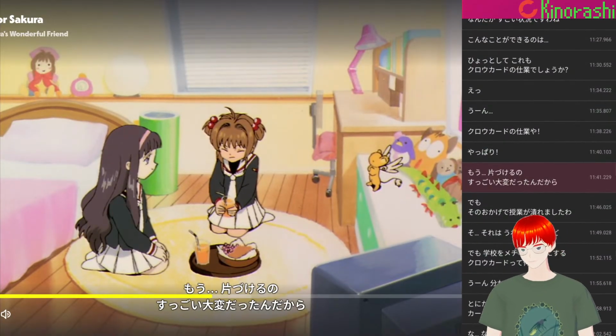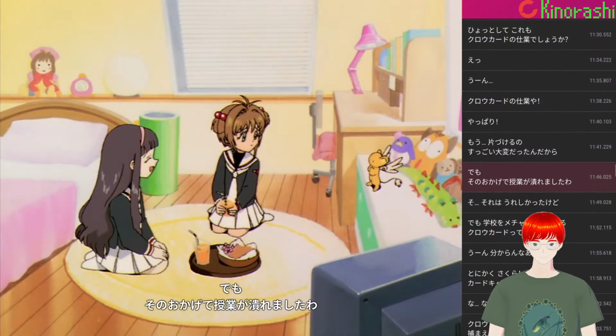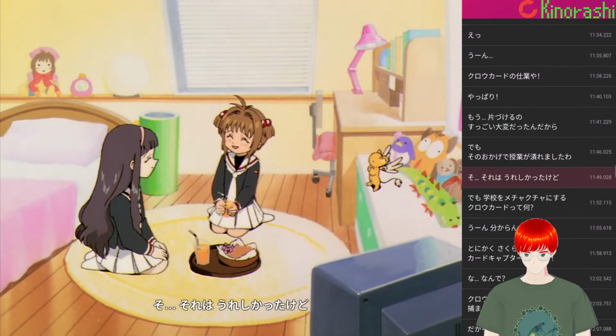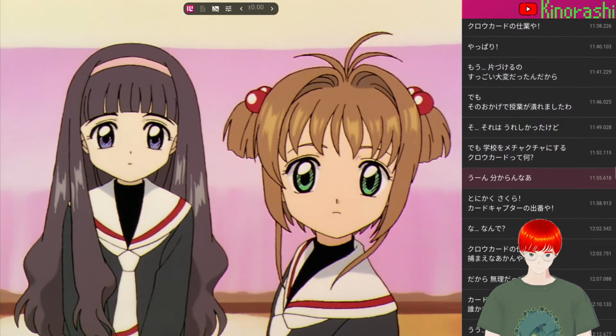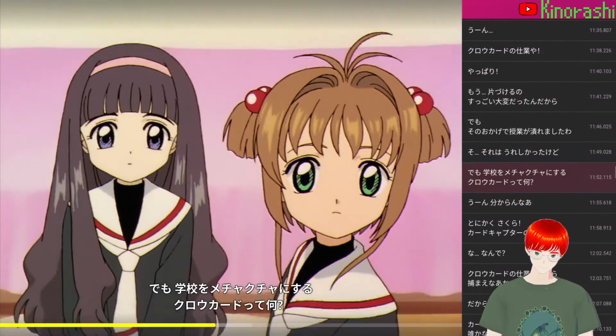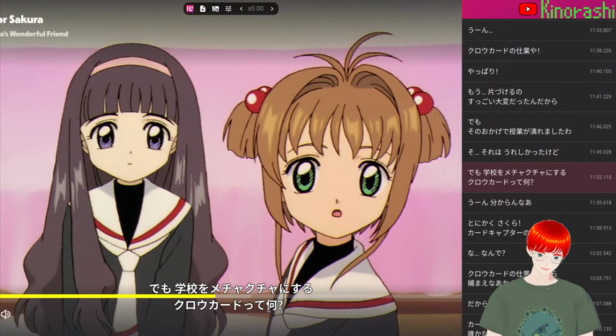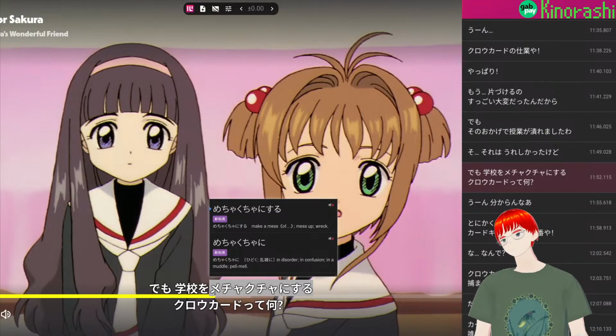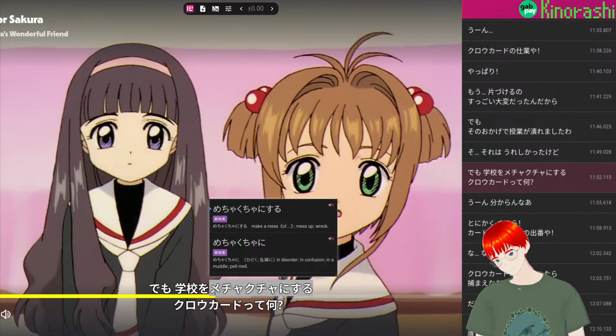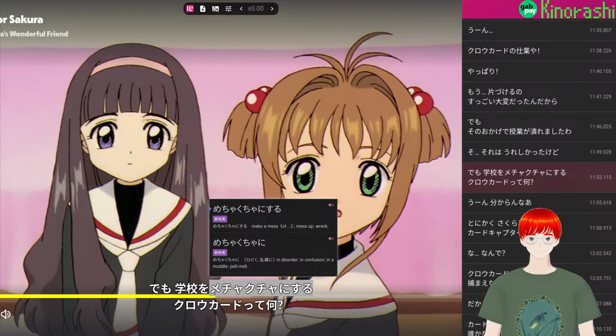片付けるのすっごい大変だったんだから。でもそのおかげで授業が潰れましたわ。それは嬉しかったけど。でも学校をめちゃくちゃにするクローカードって何？でも、学校をめちゃくちゃになる。Making a mess. So, めちゃくちゃ.